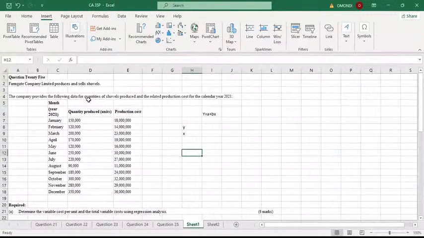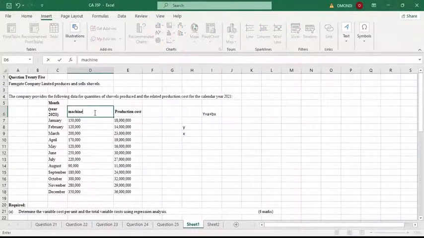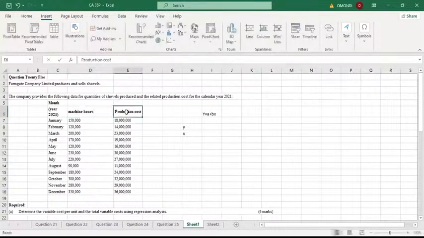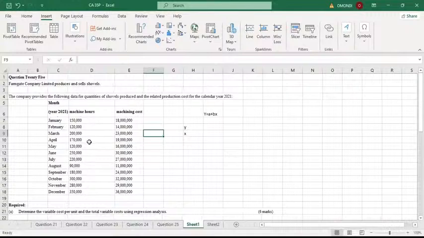What if I change these titles to machine hours? Then I make this one here to be variable overheads, which are dependent on maybe something. So we have machine hours, then we have machining costs.